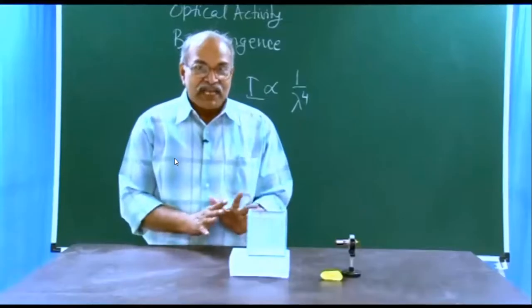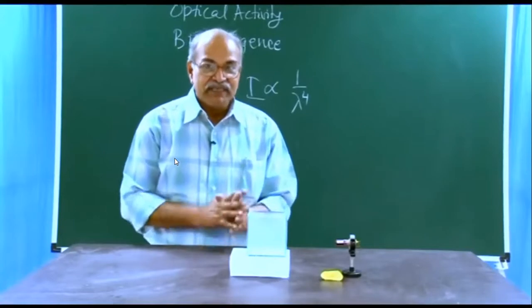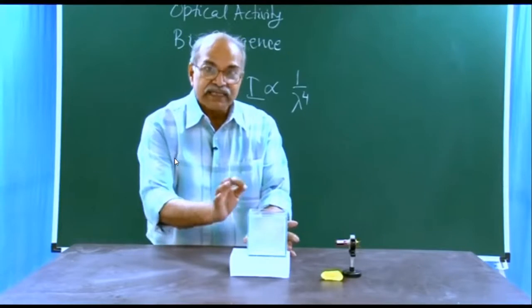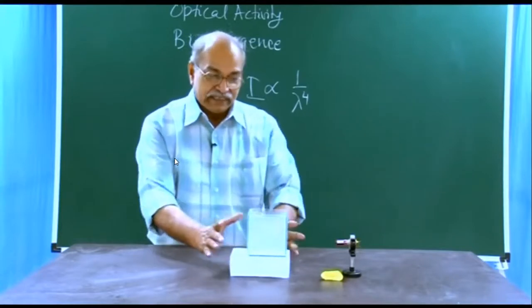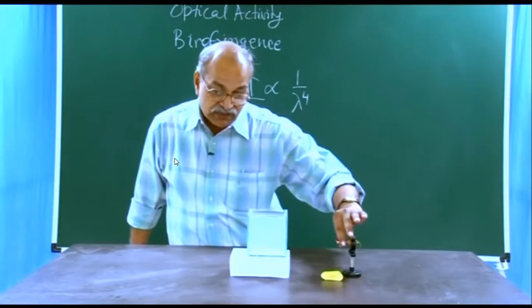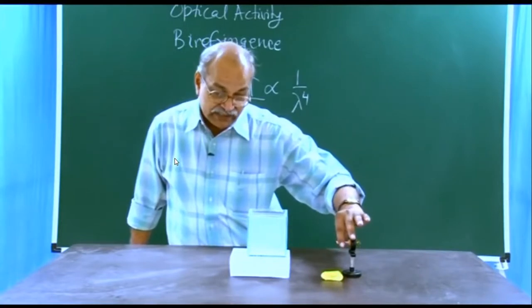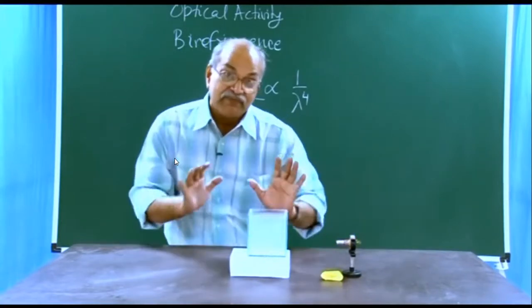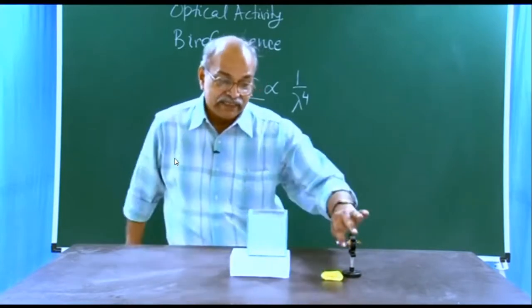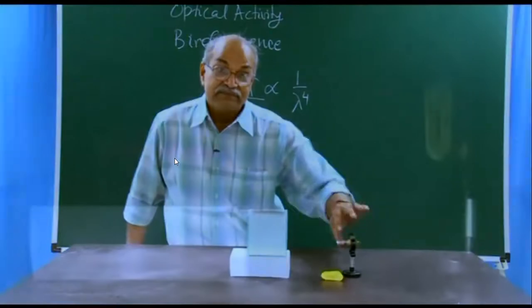Okay, so here we have another very interesting experiment. We have water with a slight amount of soap dissolved in it, and we have this laser pointer. I will be rotating this laser torch on its own axis, so that the beam will remain the same, but you focus on how its intensity changes as I rotate the laser.